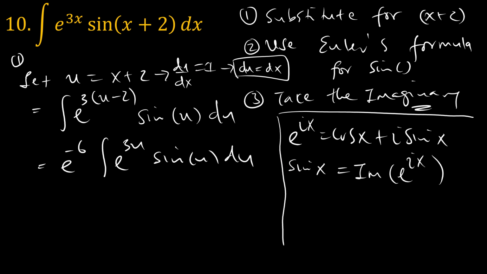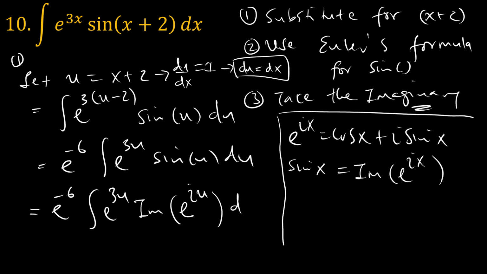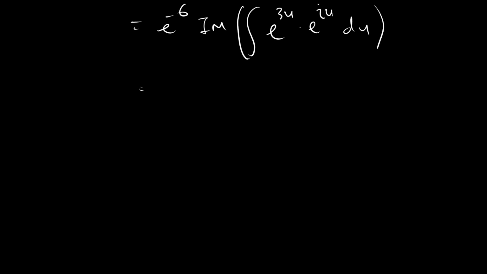So we can now say that our integral is simply equal to e to the power negative 6 times the imaginary part of the integral of e to the power 3u times e to the power iu, which is the imaginary part of e to the (3 plus i)u.